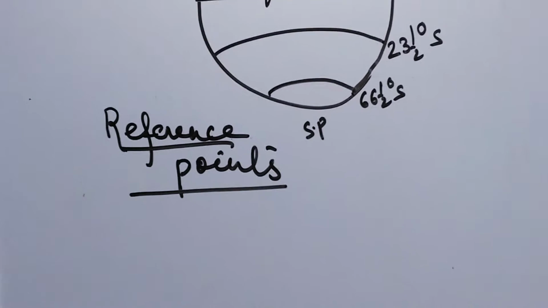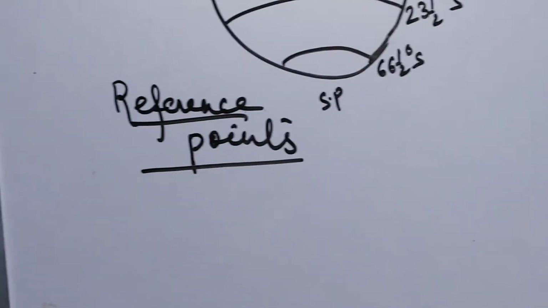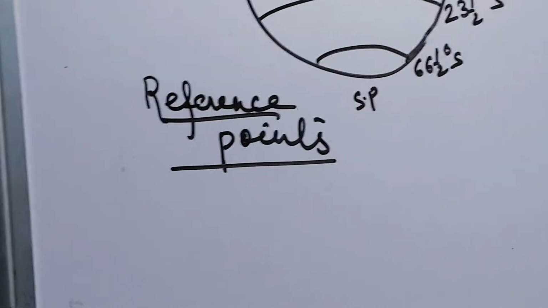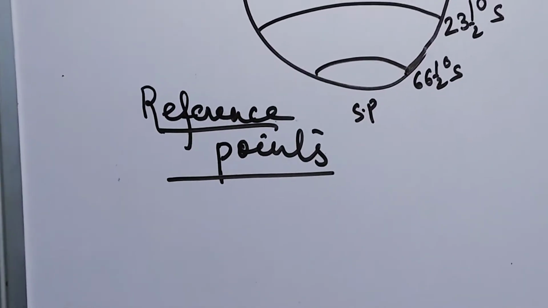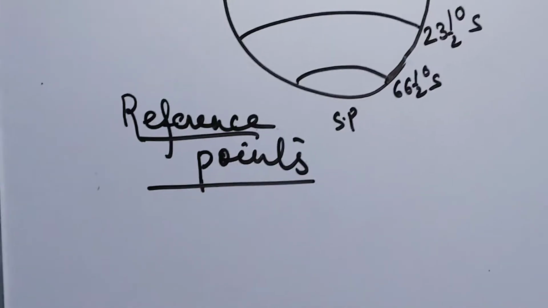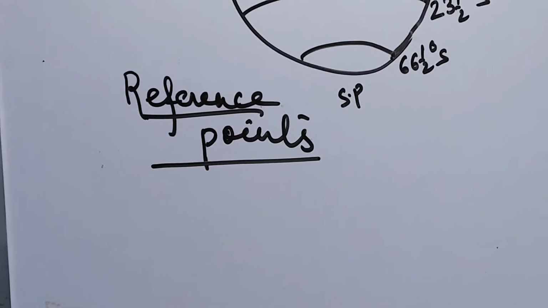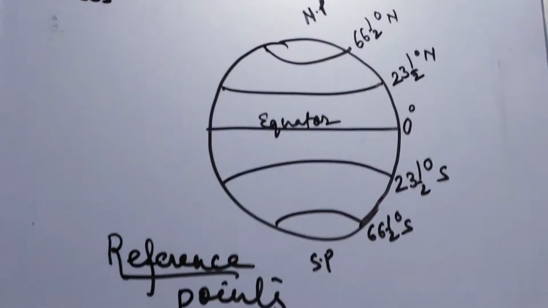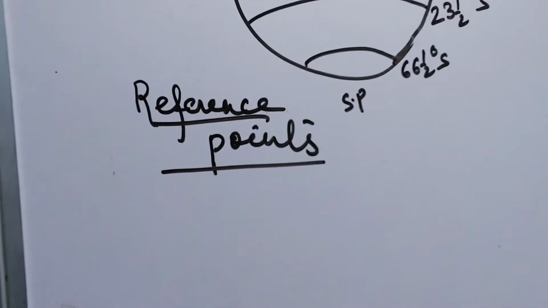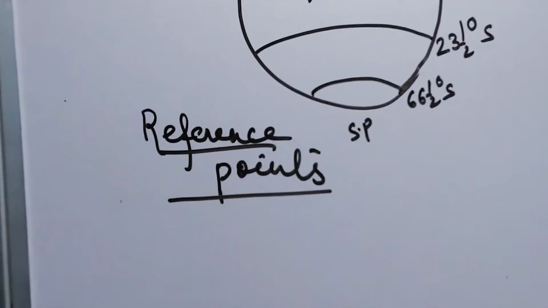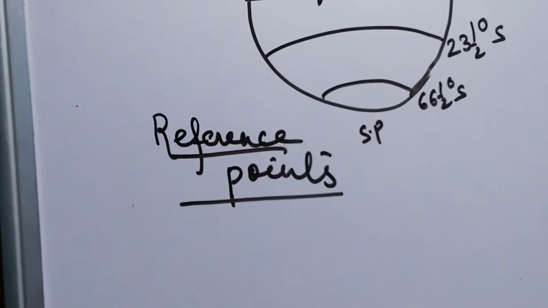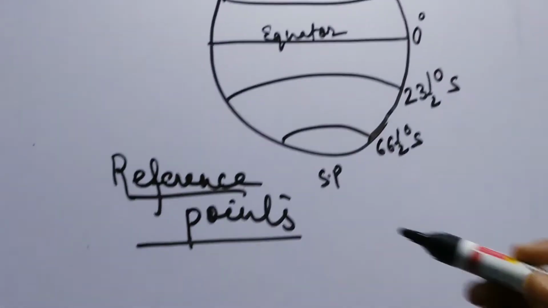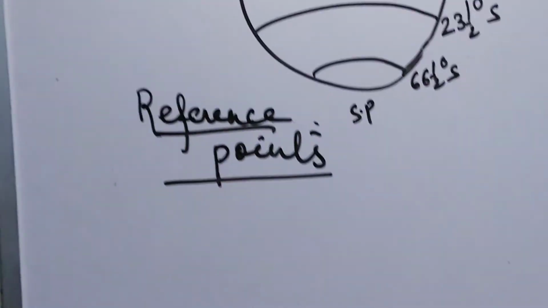For example, if some new person is visiting your home and doesn't know the location of your house, then you give some landmark, that behind that particular building, behind that temple, my house is there. So the landmark you give is called a reference point, right?